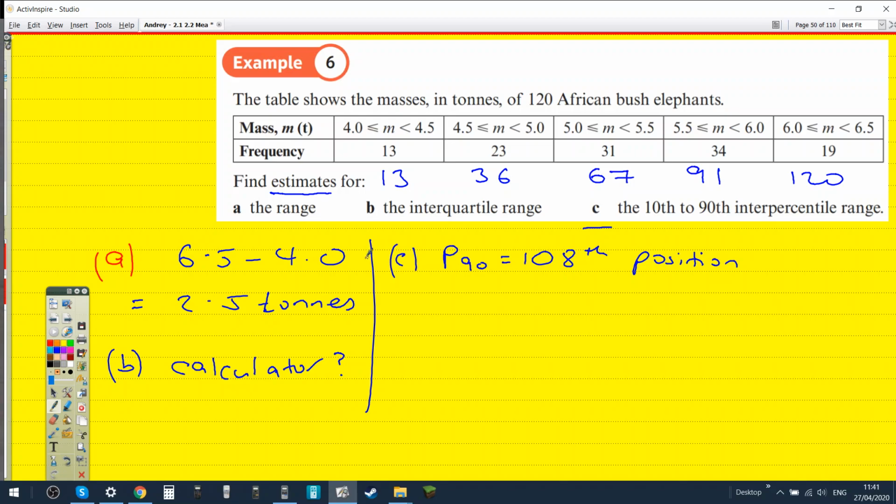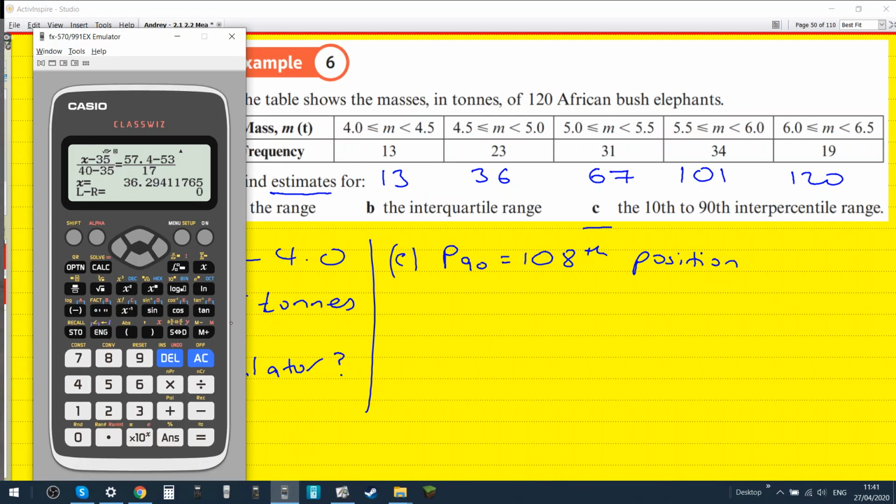Would it be x minus 6 over 6.5 minus 6 is equal to 108 minus 101 over 19?